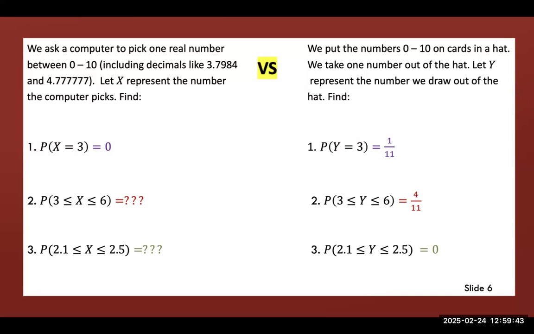But the one on the left, I could draw a 2.1. I could draw a 2.2, a 2.275. There's infinitely many numbers between 2.1 and 2.5. So how could we find that probability? So you can see that these problems are different, and the probabilities are a little more challenging for the ones on the left.